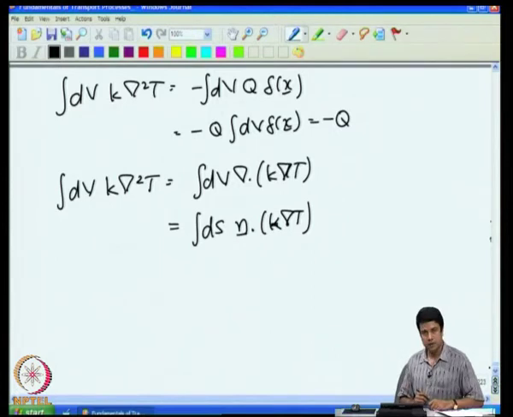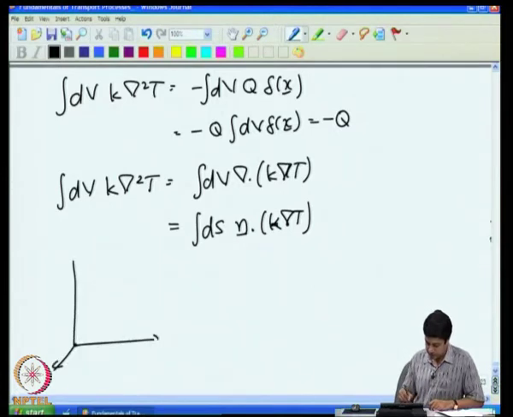So, what is n dot K grad T? The simplest thing to solve is for a spherical surface of some radius r.